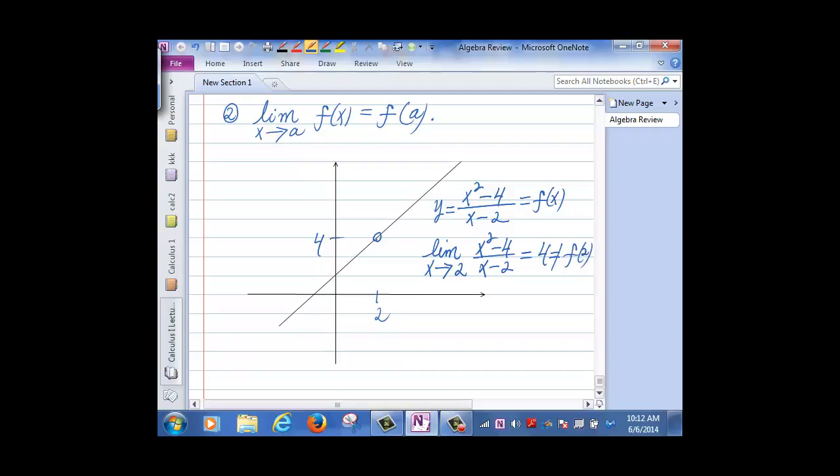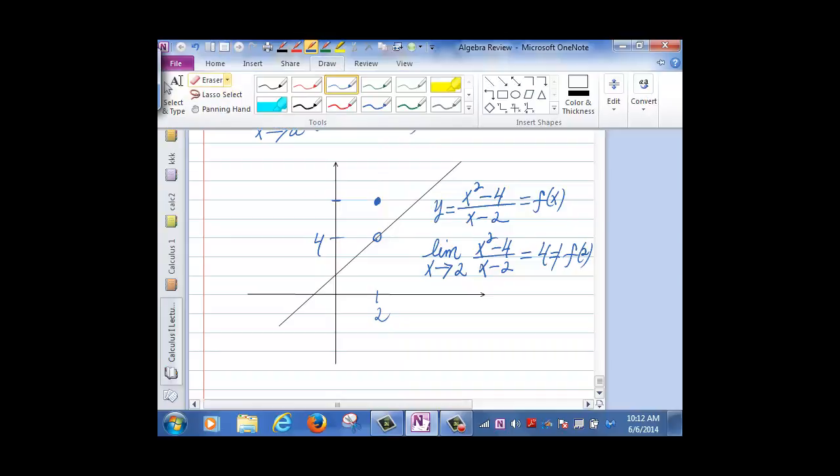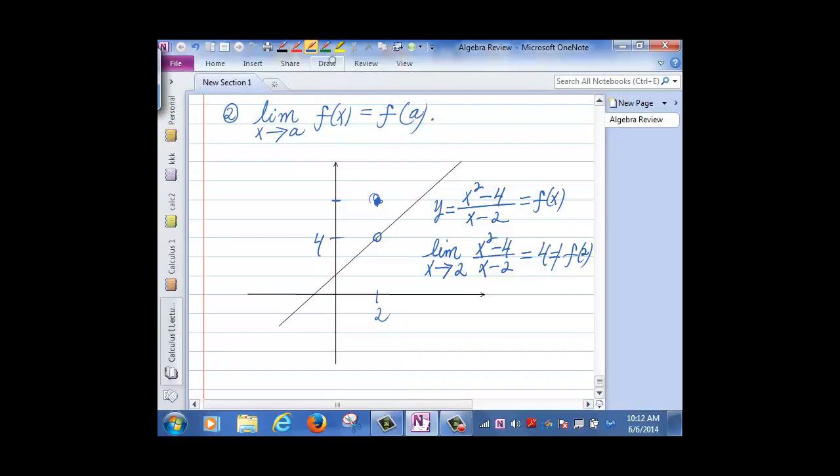Even if f is defined at 2, maybe the function is defined by another value, let me pick this height, and that would be 8, let's say.